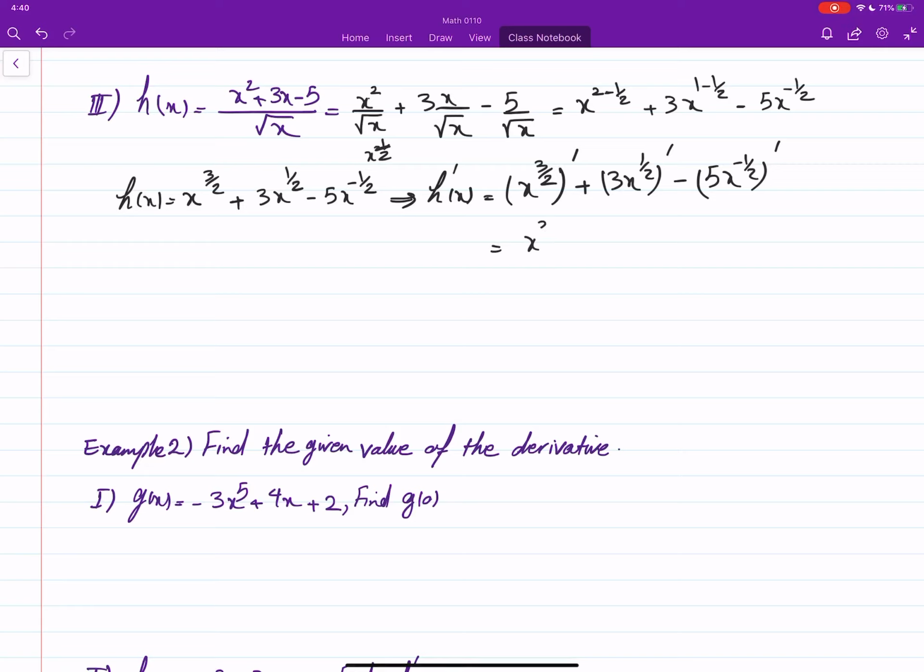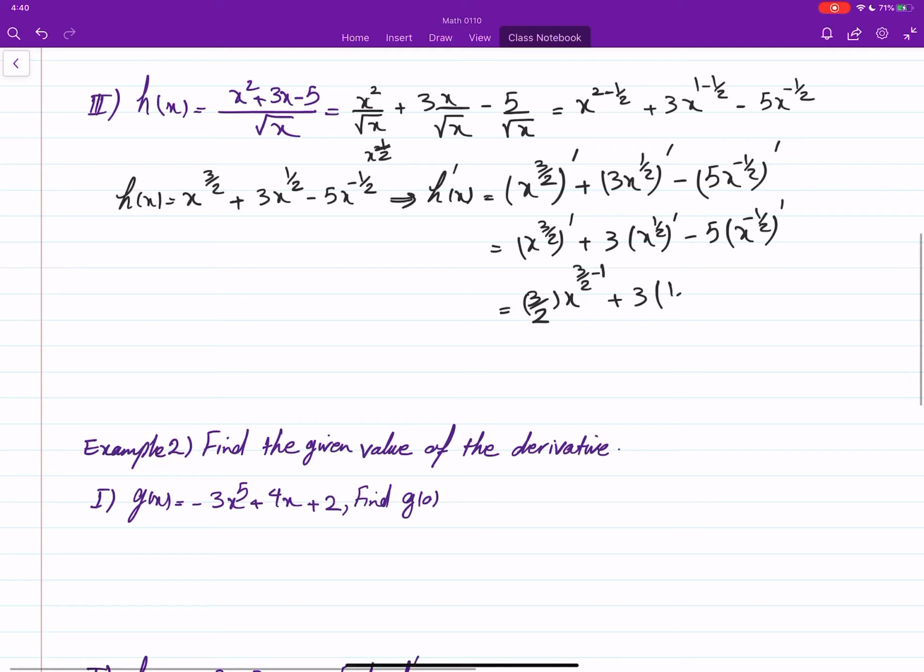Let me apply the constant multiple rule first. This 3 comes out and we have to find the derivative of this piece. 5 comes out and we have to find the derivative of this one. And x to the power 3 over 2. X to the power n is 3 over 2 n times x to the power 1 less, plus 3.